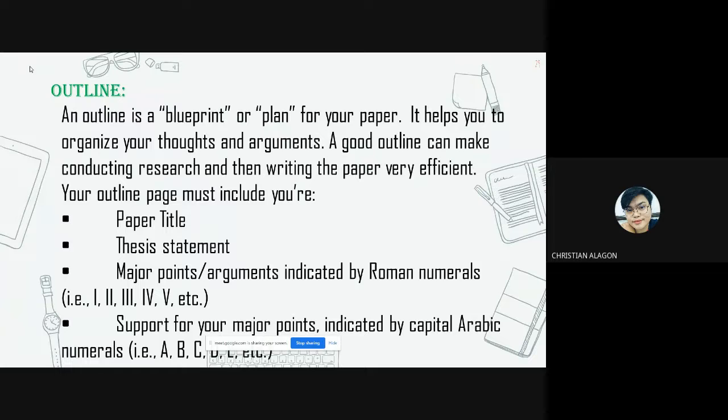A good outline can make conducting research and then writing the paper very efficient. As you can remember from our previous topic, it gives you organized thoughts and arguments about a certain main idea, right? And this is the outline. So we have two outlines.